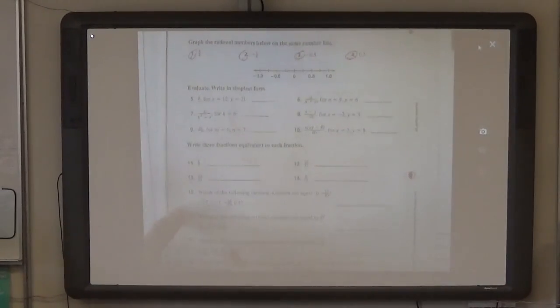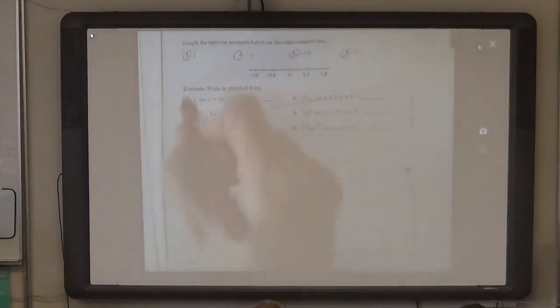And then do 15 and 16. So we don't have to do 5? No, because you're doing that on the other side. So you can cross these out.